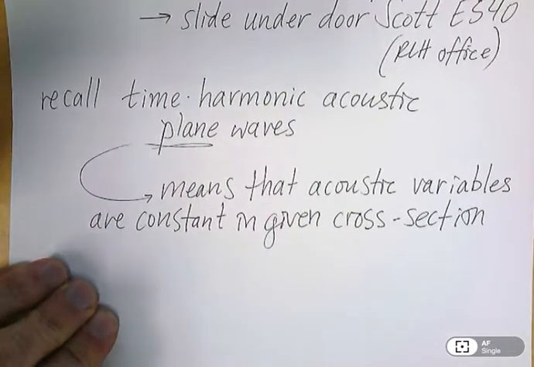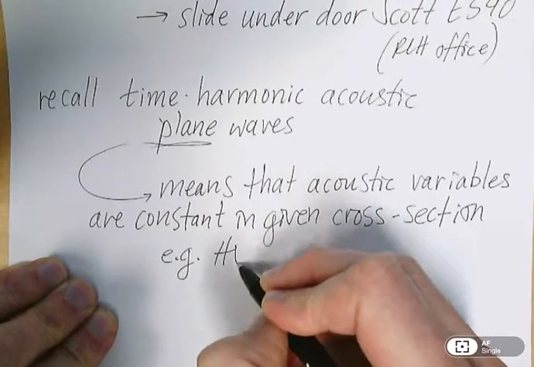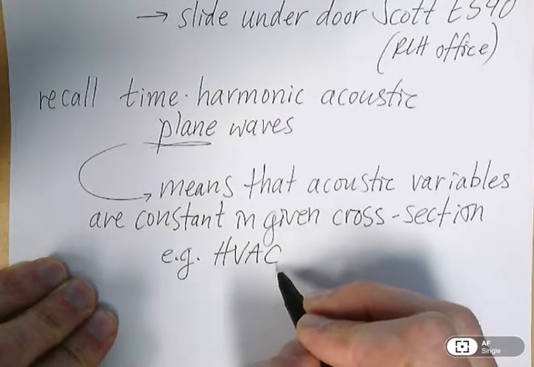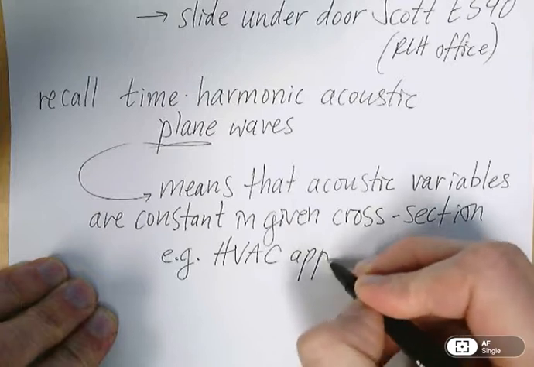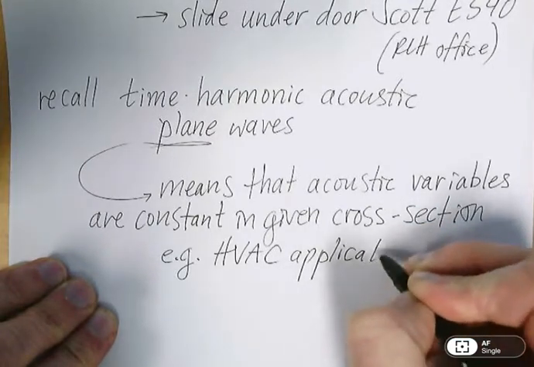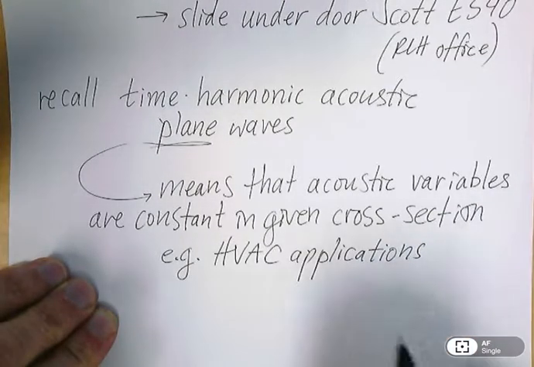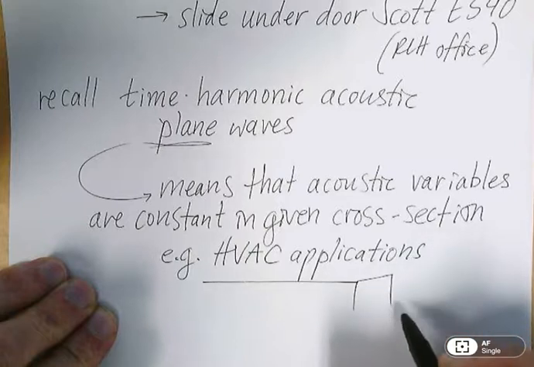So, for instance, we may have plane waves in a lot of HVAC applications, heating, ventilation, and air conditioning applications, where noise is created by fans and ducts, or tubes or pipes, whatever you'd like to call them, and then that noise is propagated along that duct.